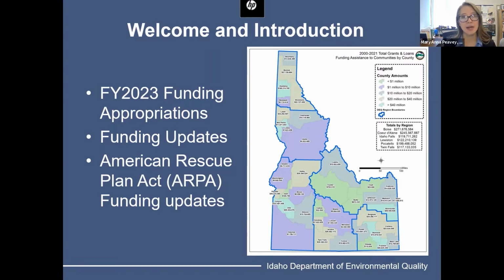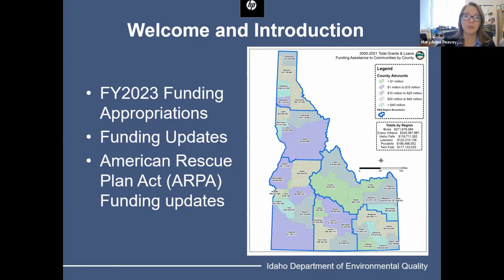The next item I wanted to discuss was the American Rescue Plan Act. The state of Idaho received $1.2 billion for what we call ARPA funding. Now, the state can spend this $1.2 billion when they respond to COVID health emergencies and negative economic impacts.